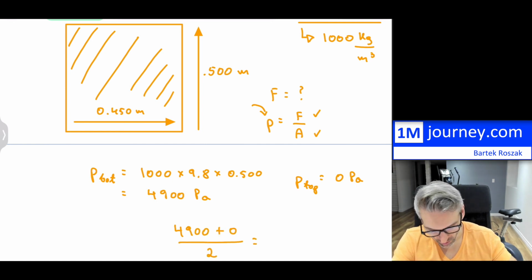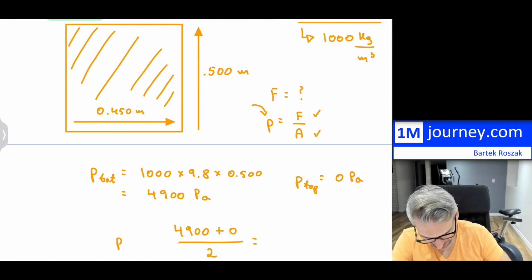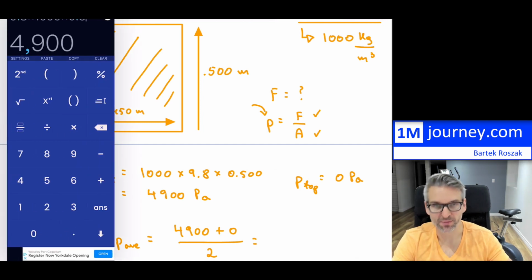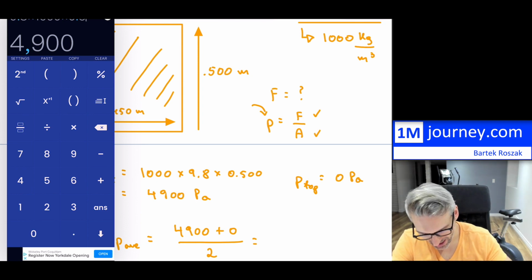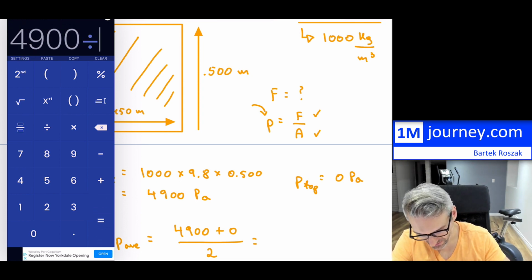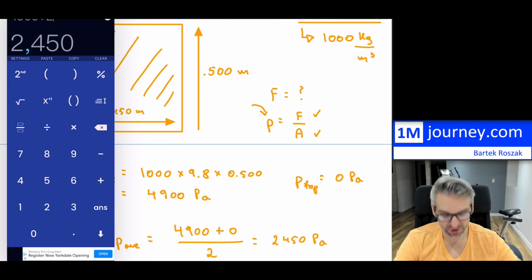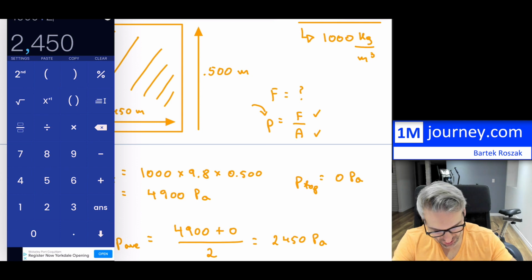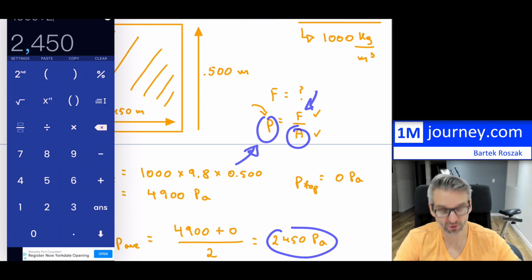That gives the average pressure on the glass, which is pretty much like the middle of the height. Divided by 2, that is 2,450 pascals on average. So now you have the pressure and the area, and you can find the average force.